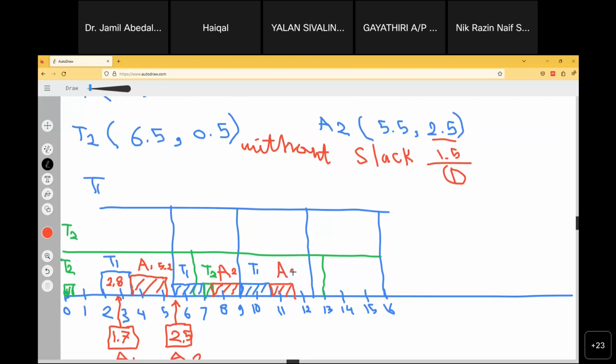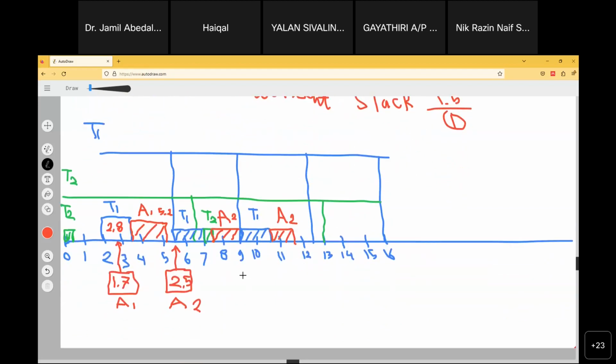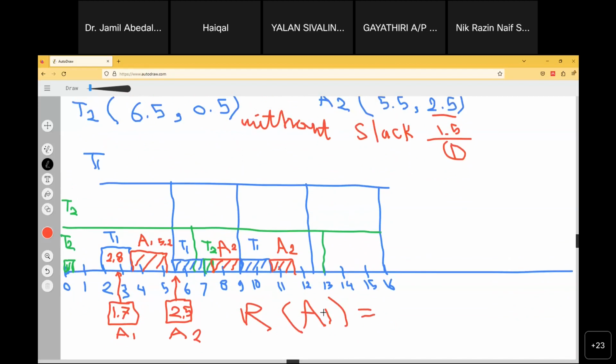Once we complete the periodic, we just stop and find the response time of each aperiodic. The response time of aperiodic 1: we find the completion time when we complete A1, minus release time.